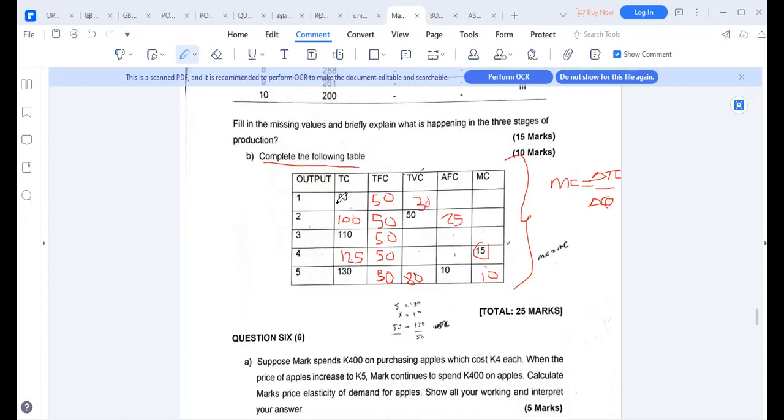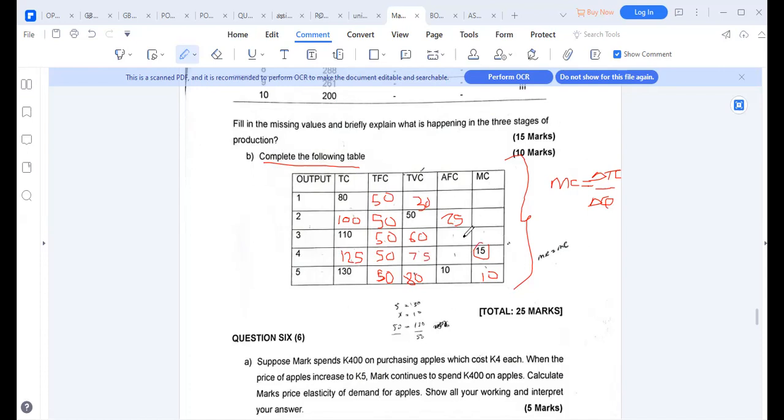So this is that. 50 minus 50, this is okay. 110 minus 50, this is 60. Okay. 125 minus 50, what do we get? 75. 25, correct.